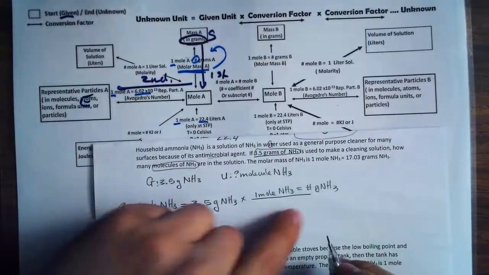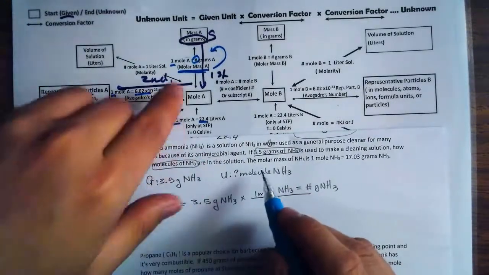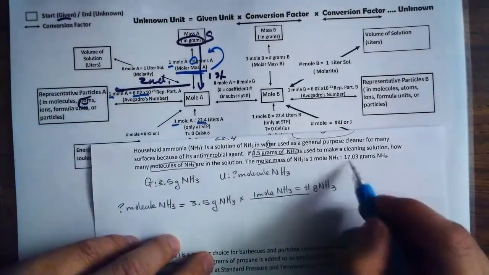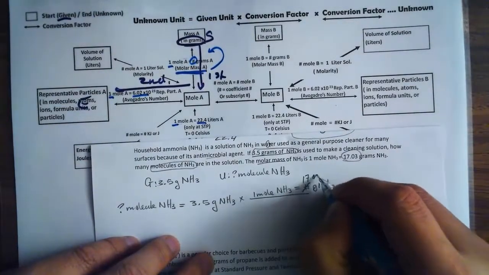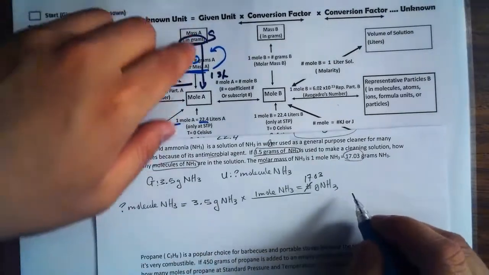We can plug that in right now because that number is the molar mass, 17.03 gram. Then we're done with that conversion factor.